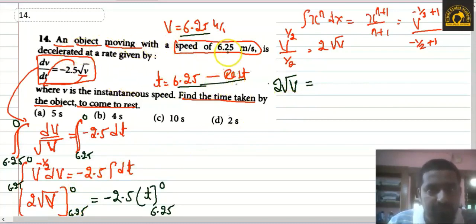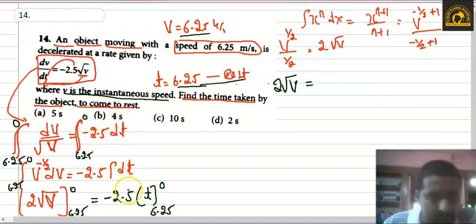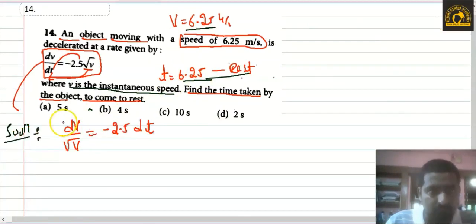An object is moving with the speed 6.25 meter per second with a deceleration, where v is the instantaneous speed. Find the time taken by the object to come to rest. So the velocity goes from 6.25 to 0, and the time interval is 0 to t.